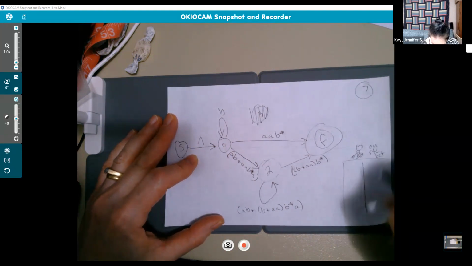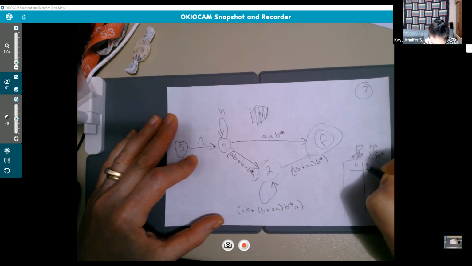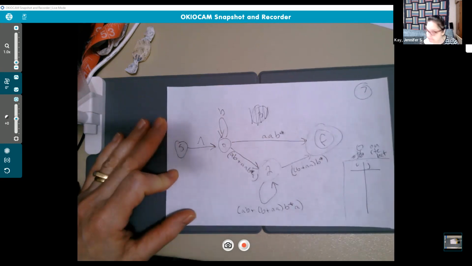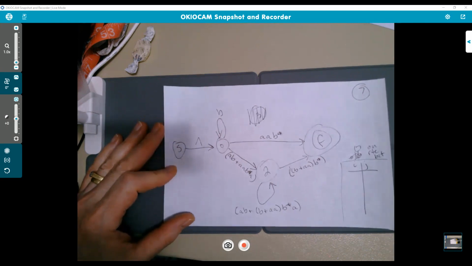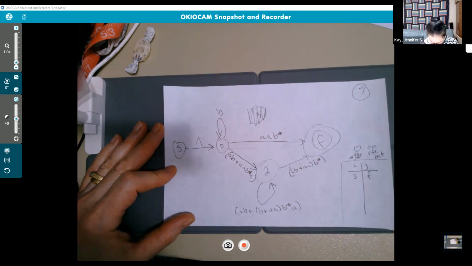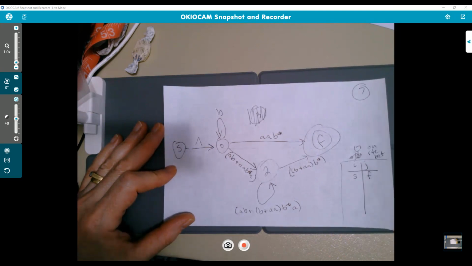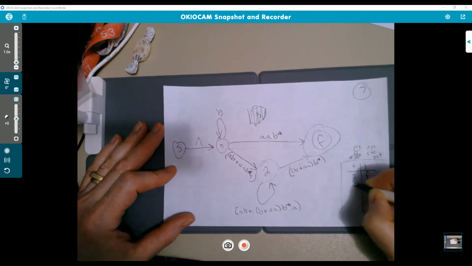So what do you got? S to F. And then S to 2.